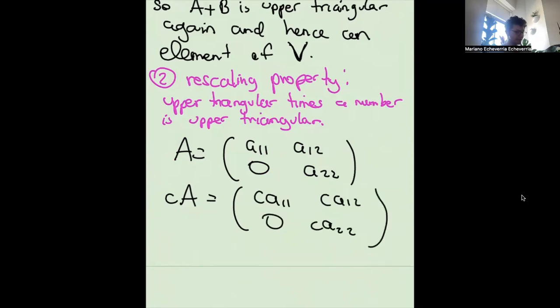So if you multiply the matrix by a scalar, you continue to have something that's upper triangular. Is that okay?